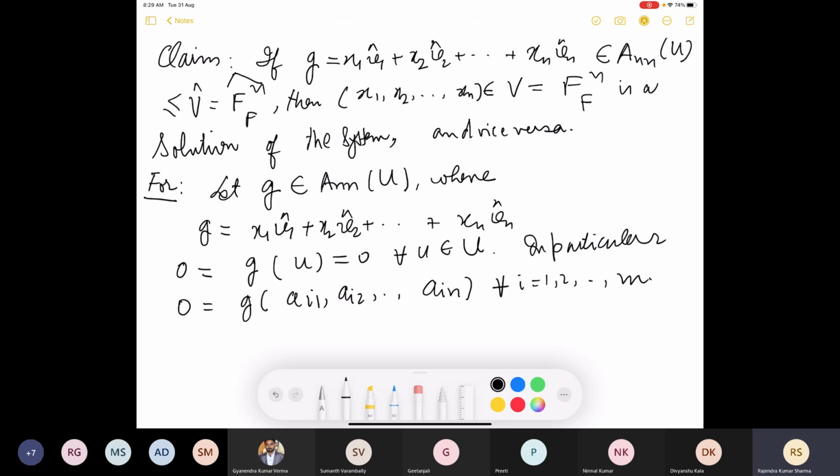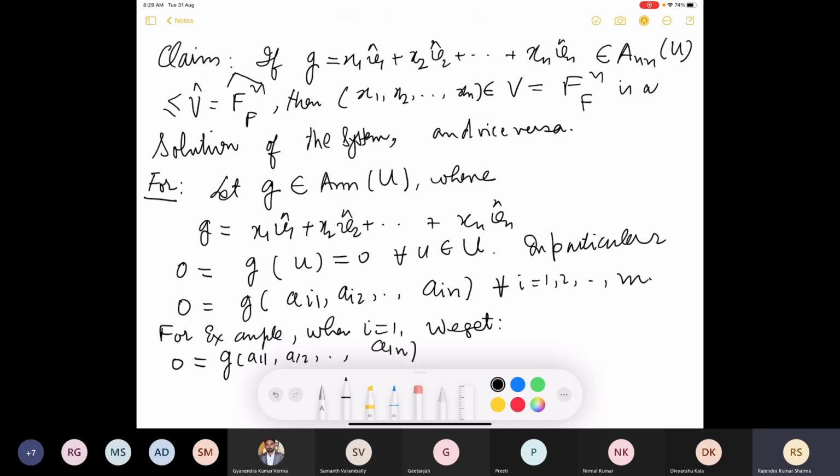So for example, when i is 1, what do we get here? That 0 is equal to G of a11, a12 and so on, a1n.